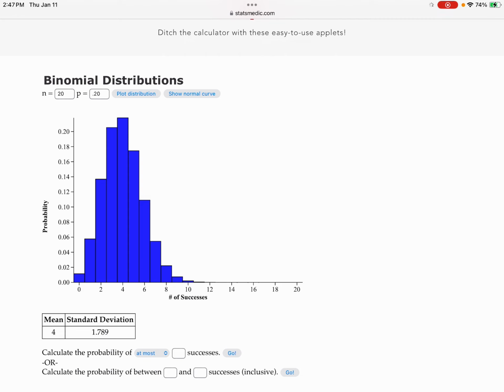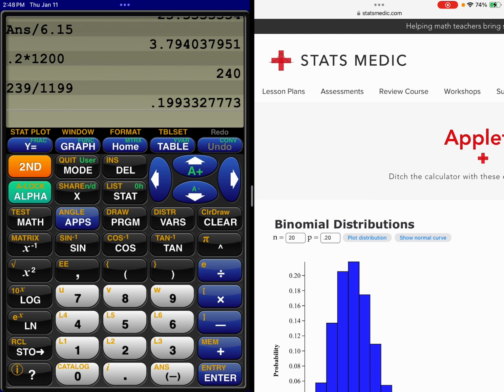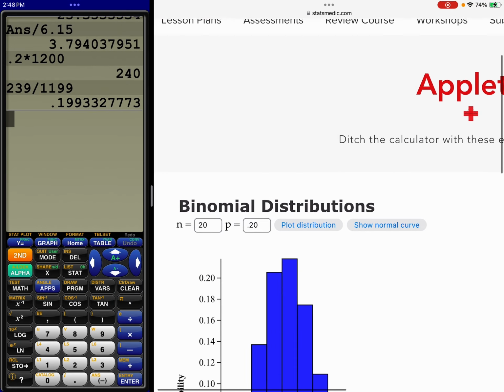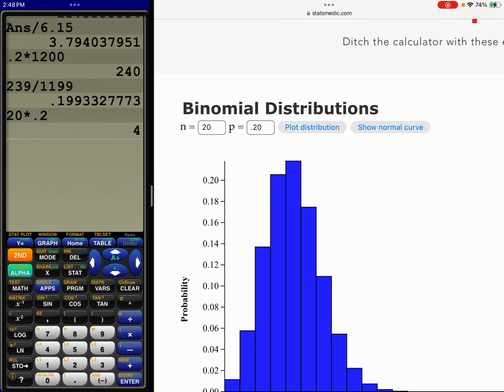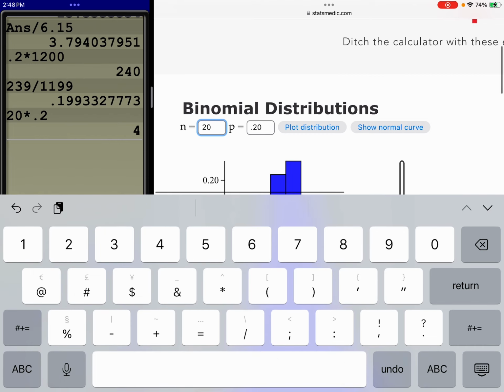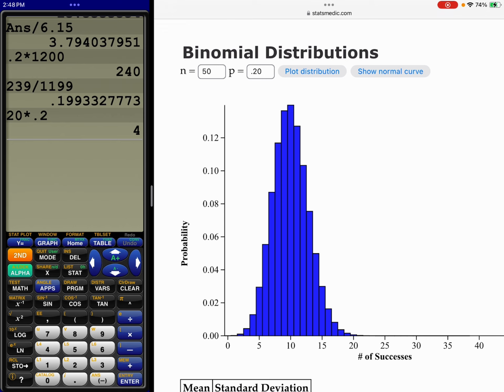I have to keep going until n times p is at least 10. So what I have right here on the screen is 20 times 0.2. That's only 4. So I'm not even close enough. If I have 50, this here is enough to be considered approximately normal because 50 times 0.2 is 10.